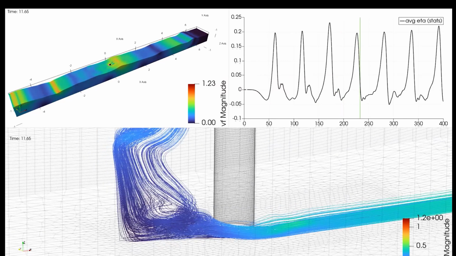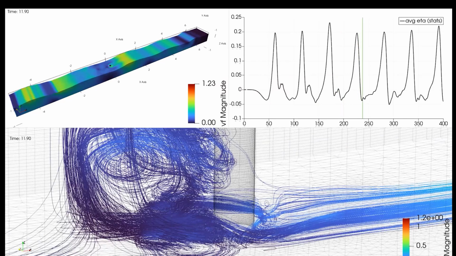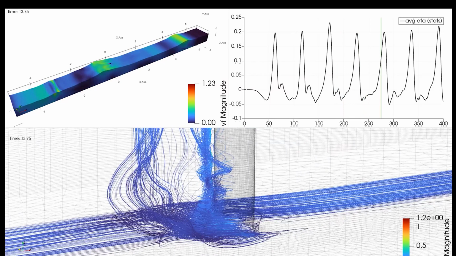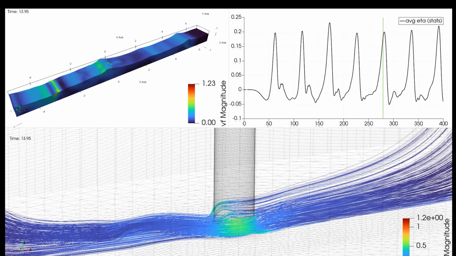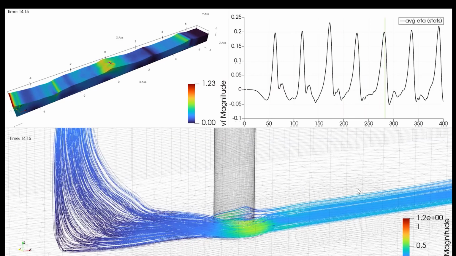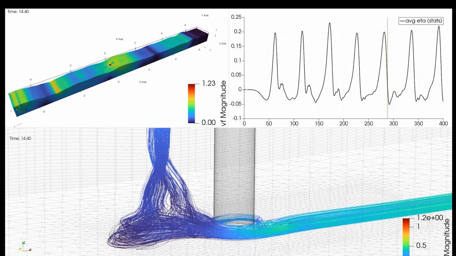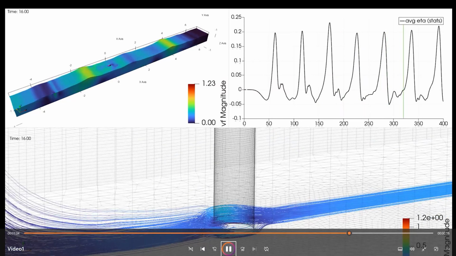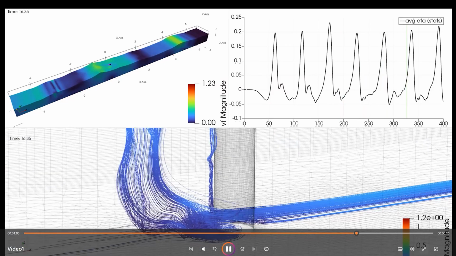Okay, so here is where the problems start. We have the code, and we know the code works well. But to have only the hydrodynamics, only a few seconds of this simulation, we are spending weeks of computing.